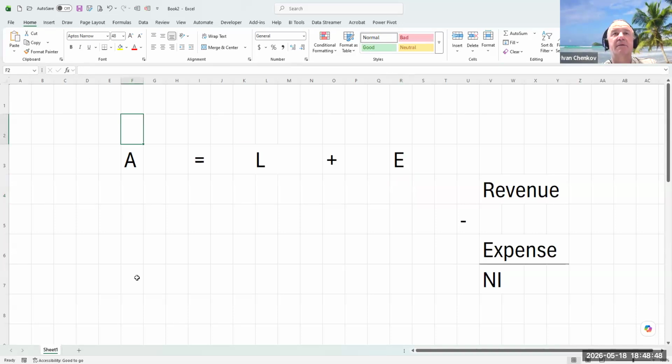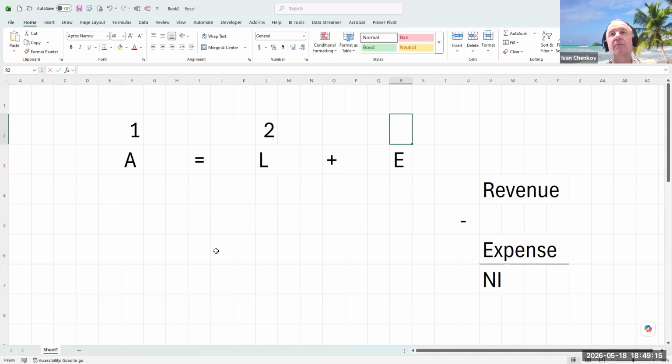So the easiest way to remember it, since the accounting equation starts with assets equal to liability plus equity, is that assets are first, so they're always going to be number one. Liability is second, number two.